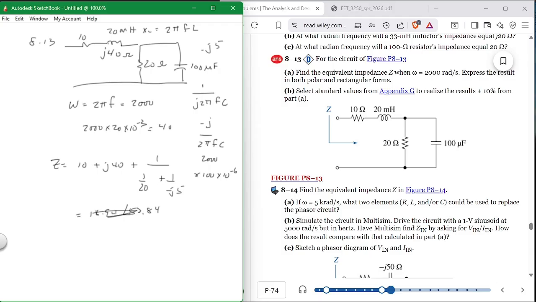It's 37.021 at an angle 72.4. Is that what you got?